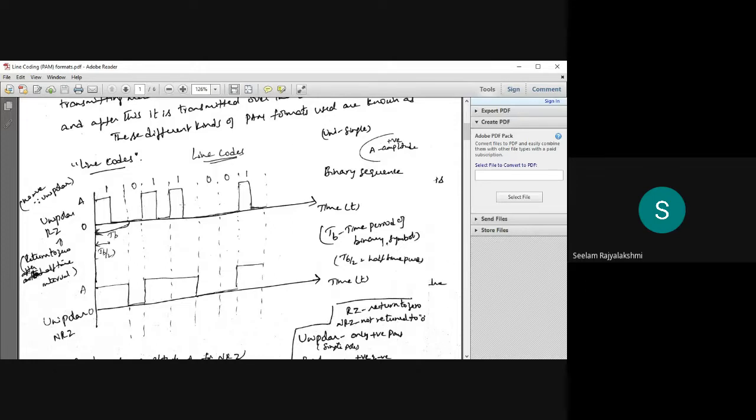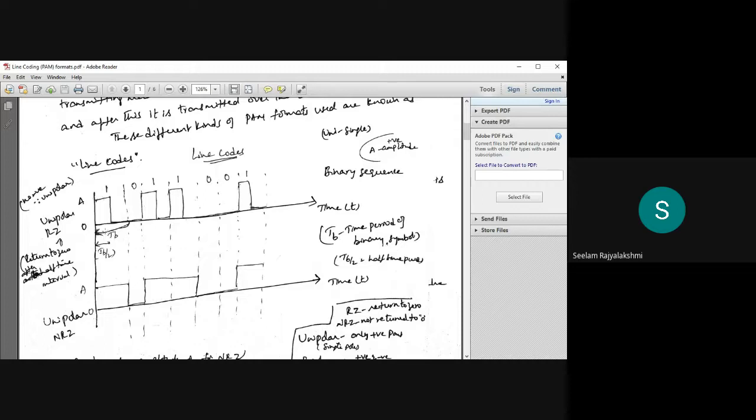Here this is the time axis, and along this we have the amplitude, which is constant at A, and this is 0. TB, from here to here, is the time period of the binary symbol. Here we are using the binary symbols zeros and ones, and the suffix B represents binary.